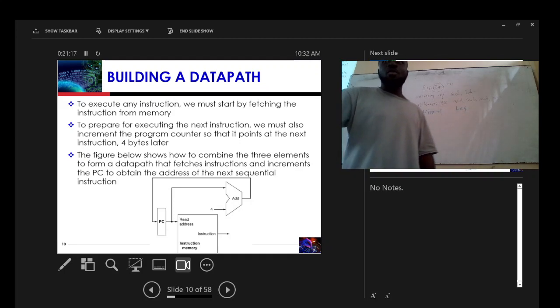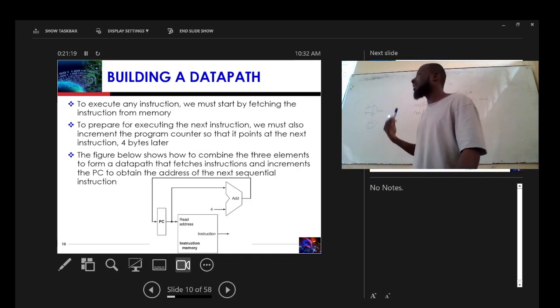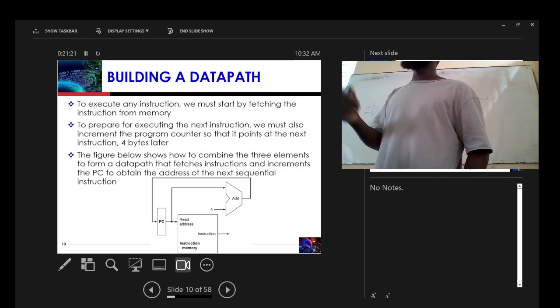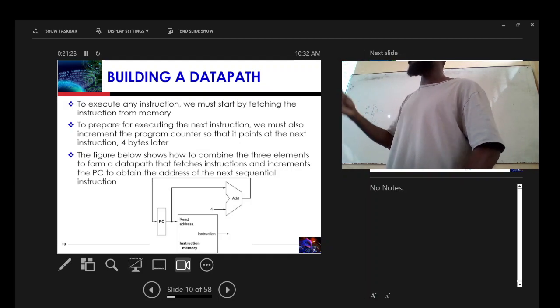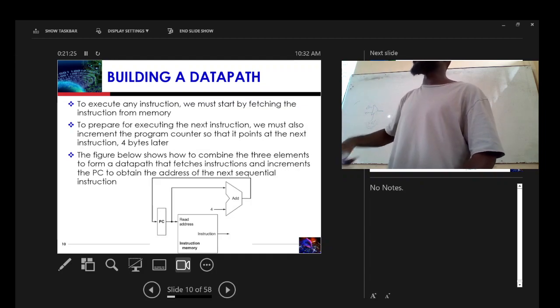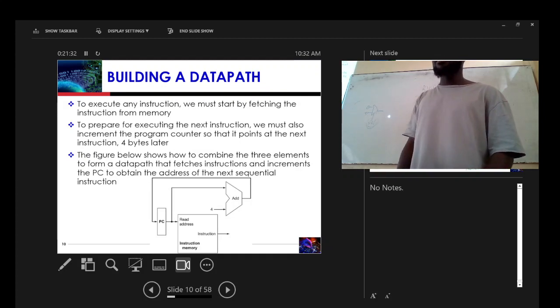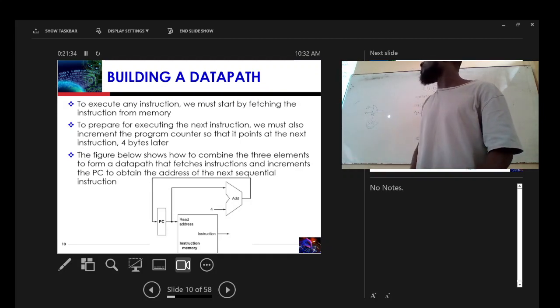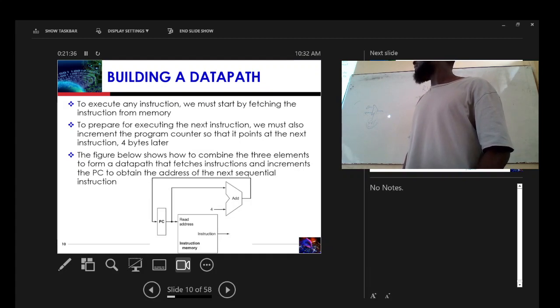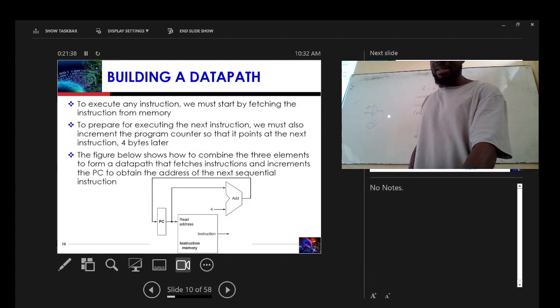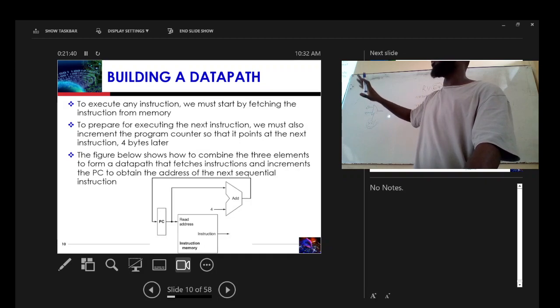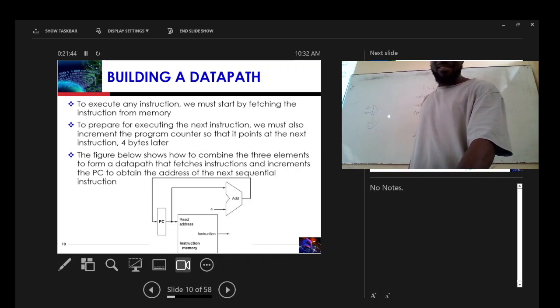So depending on what you've done, if you say always at the positive edge of the clock, PC plus 4, it will increment the PC by 4 all the time, and then it will be given to the instruction memory. Understood? So we have actually accomplished one aim. We have been able to increment the PC and point it to an address in memory.